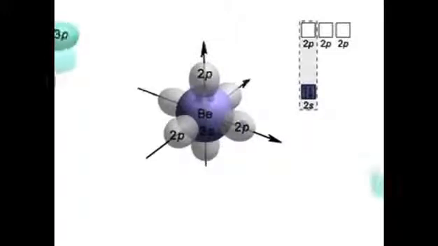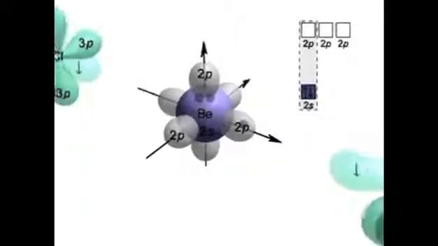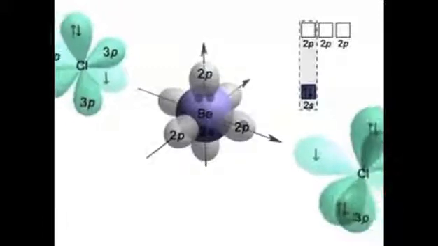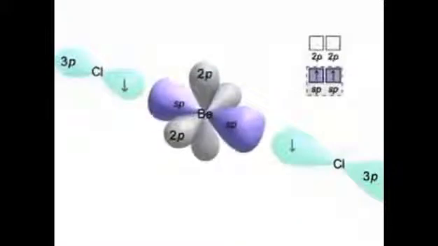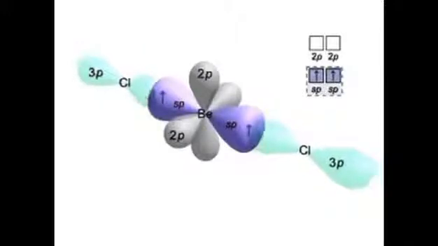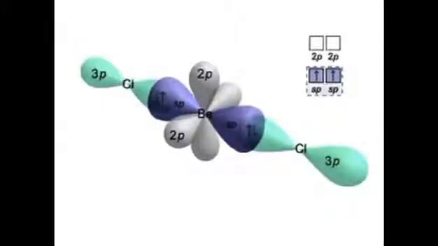The chlorines have three 3p orbitals, but we'll fade out the ones that are not involved in bonding. In the molecule, beryllium has undergone sp hybridization. The half-filled sp hybrid orbitals overlap the half-filled chlorine orbitals to form two BeCl covalent bonds that are 180 degrees apart.